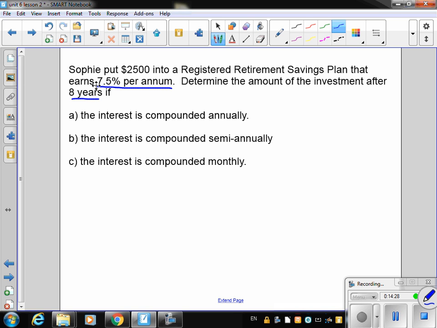So here is our equation. The amount that Sophie has depends on her initial value and her rate of growth, which is 1 plus the interest rate, to the power of n. So for A, the amount that Sophie has is $2,500.